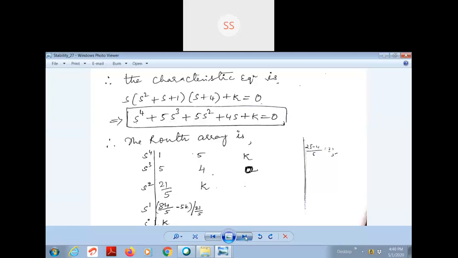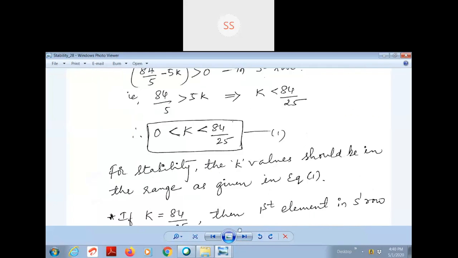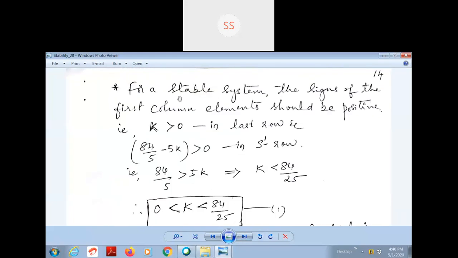So next we are writing here like this. For the system to be stable, the sign of the first element should be positive. So that is k should be greater than 0 in the last row, as discussed. Now the other condition is that 84 by 5 minus 5k should also be greater than 0, which is present in the s to the power of 1 row.